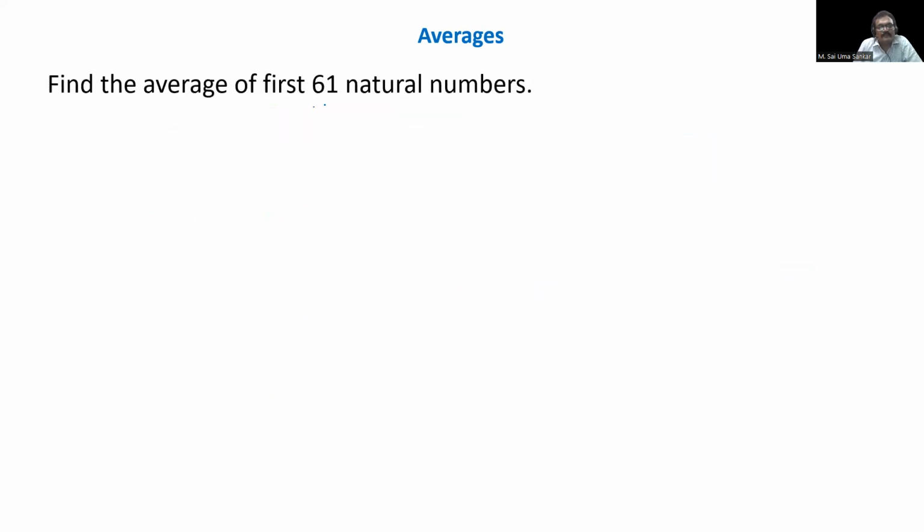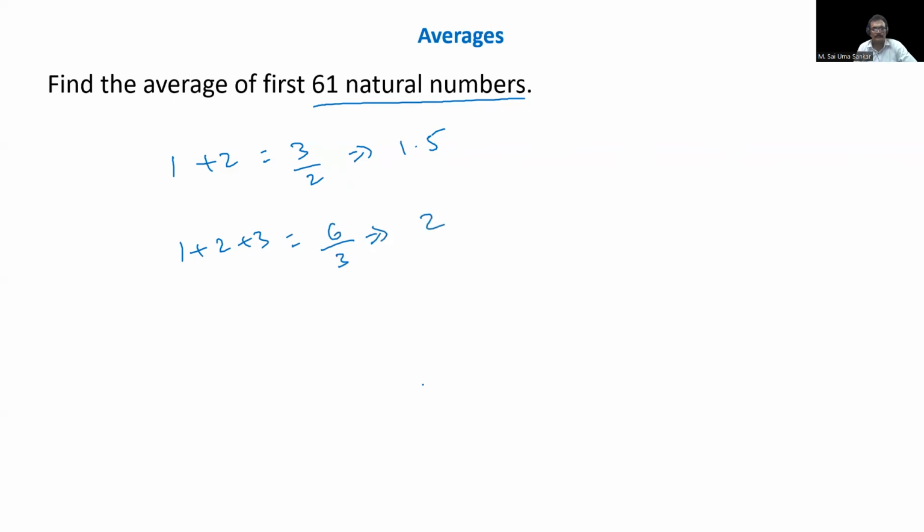The average of first n natural numbers. See, first 2 natural numbers, 1 plus 2, that is equal to 3. What is the average? 3 by 2, that is equal to 1.5. Suppose first 3 natural numbers, 1 plus 2 plus 3, that is equal to 6 by 3, that is equal to 2.